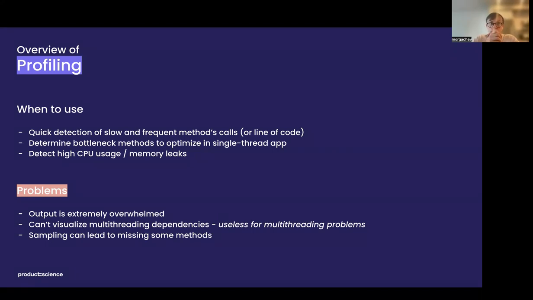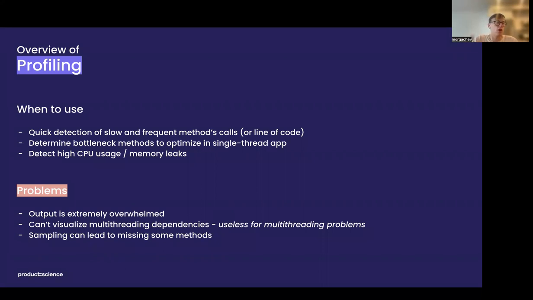So you can see that this line of code is taking 9% of your execution, and it means that with such a tool you can easily determine bottleneck methods in a single-threaded application, and such methods should be optimized first.